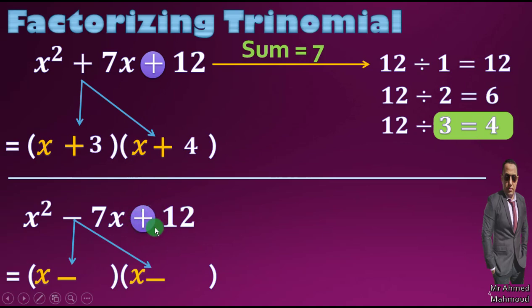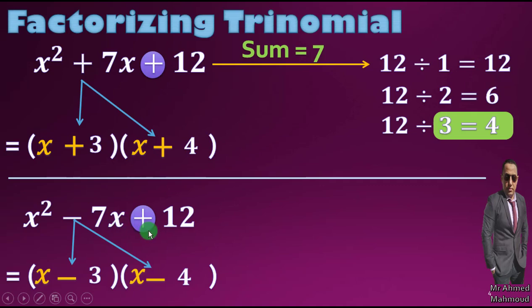I need two numbers whose sum is 7. They are 3 and 4. So I'm going to write 3 and 4 here and here, in any order. This is the first case of factorizing a trinomial, if this sign is positive.